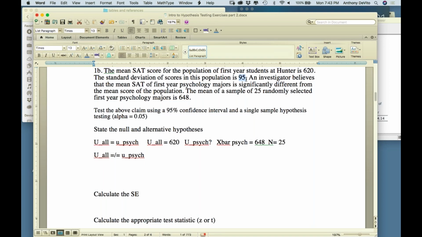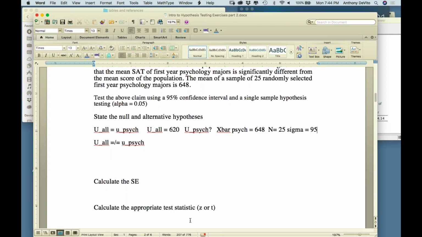So for the moment, I'm going to say that we know sigma for the psych students. We're going to assume that it's the same. That's for all the students, but I'm assuming that it's true for the psych students also. If I make that assumption that I know what sigma is for the psych students, now I can calculate a z-score. Right?